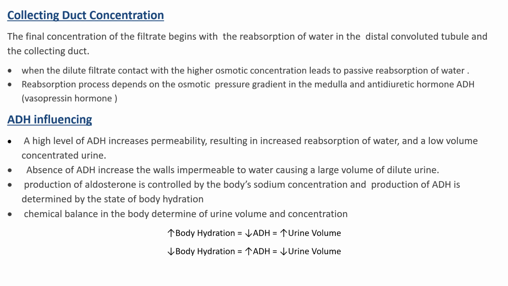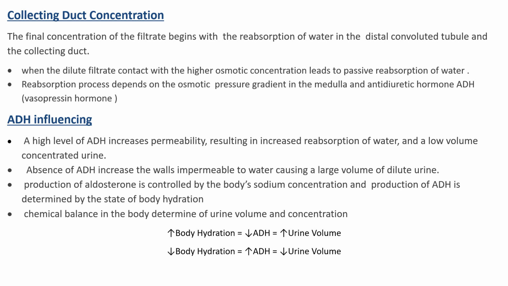Collecting duct concentration. The final concentration of the filtrate begins with the reabsorption of water in the distal convoluted tubule and the collecting duct. When the diluted filtrate contacts the higher osmotic concentration, it leads to passive reabsorption of water.